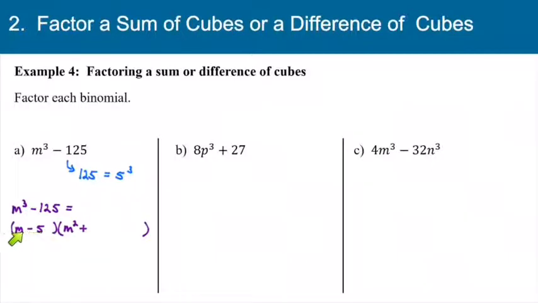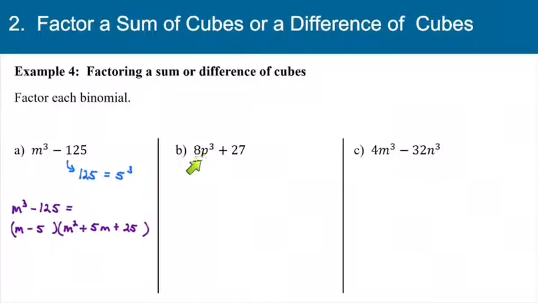The middle term is made of this times this, so m times 5 is 5m, put that here. And then AP, always positive, remember S-O-A-P. And then the last term is made of this thing times itself, so 5 times 5 is 25. And there's our factoring for m to the third minus 125.